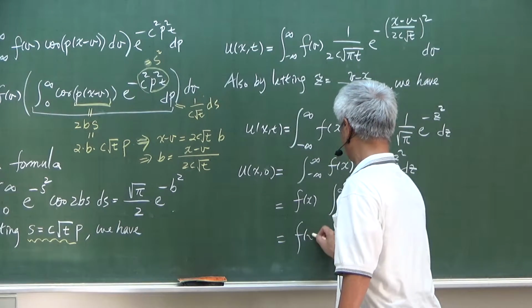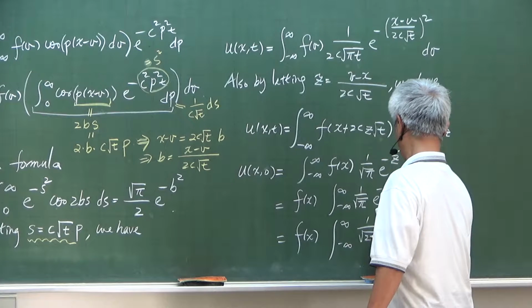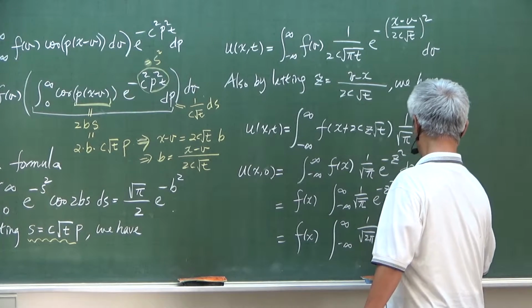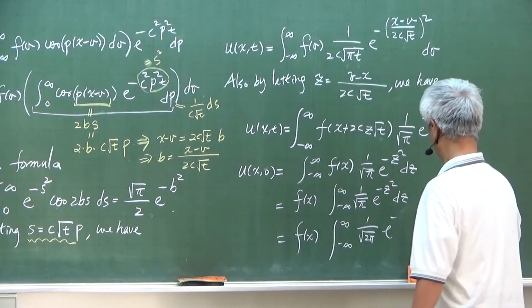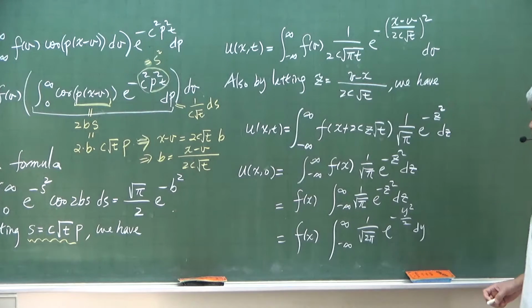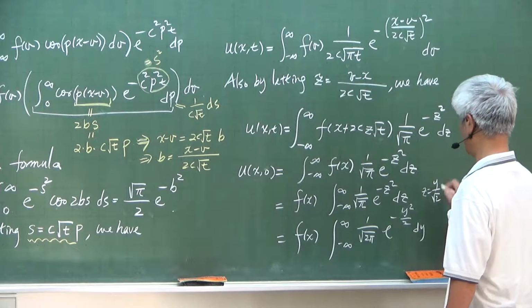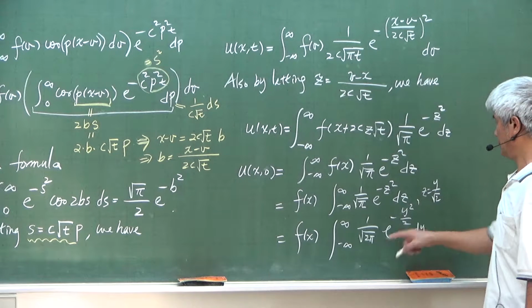okay, and I will give you an idea by change of variable. Here z is equal to y divided by square root of 2. Okay? You have that.